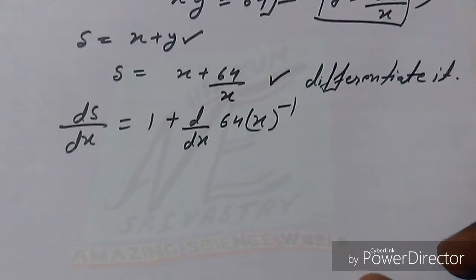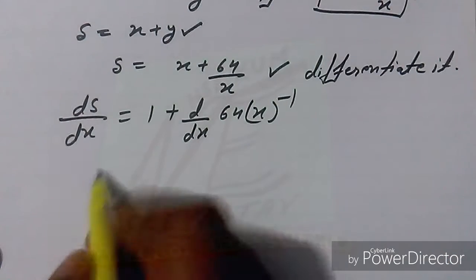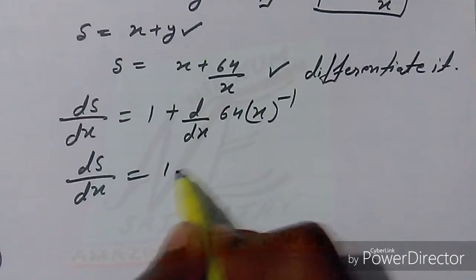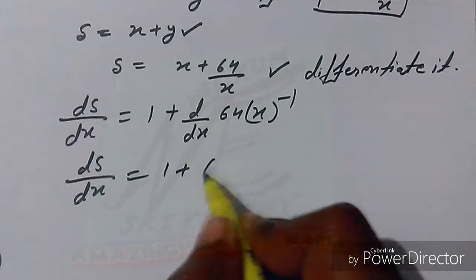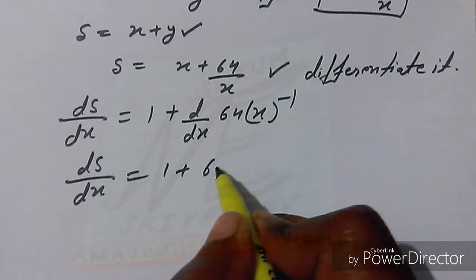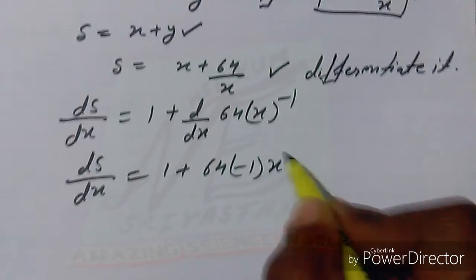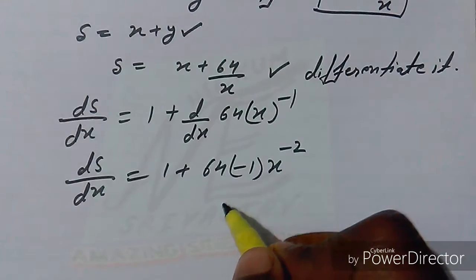Now we continue and solve it. 1 plus the derivative of 64 x to the power minus 1 is 64 times minus 1 times x to the power minus 2, my friends.